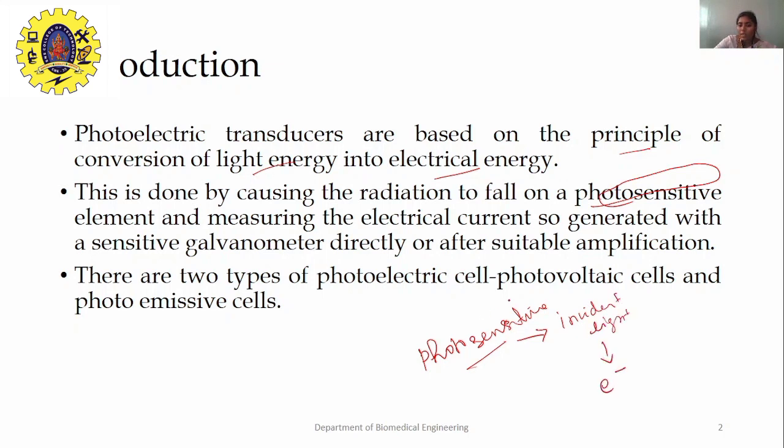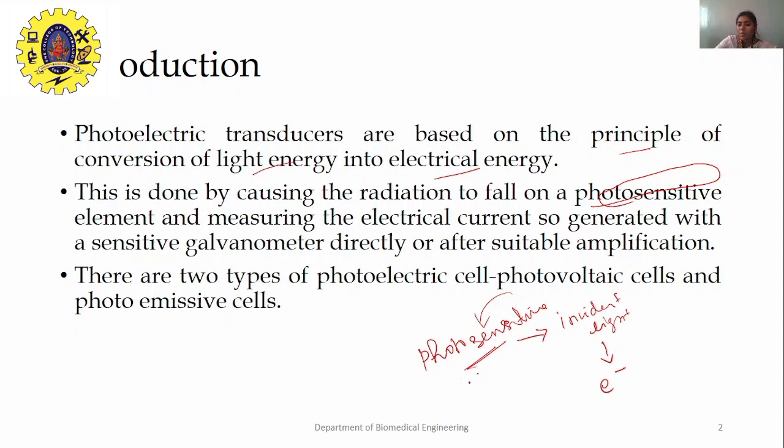When light radiation or any photons fall on the surface of this photosensitive material, they are in turn converted into electrons. The photosensitive material starts to emit electrons when there is incident light radiation.